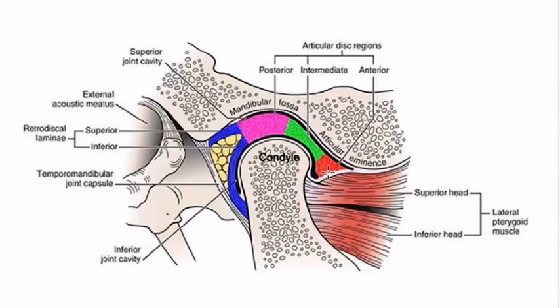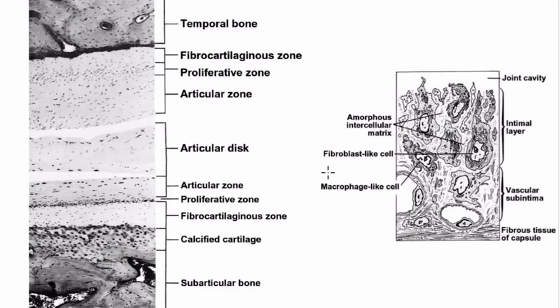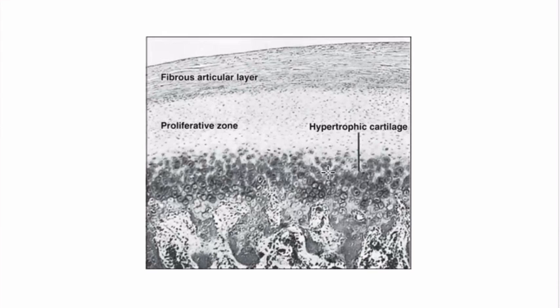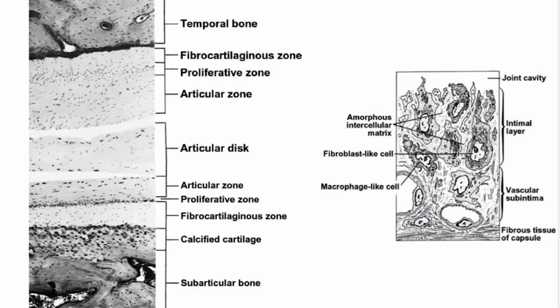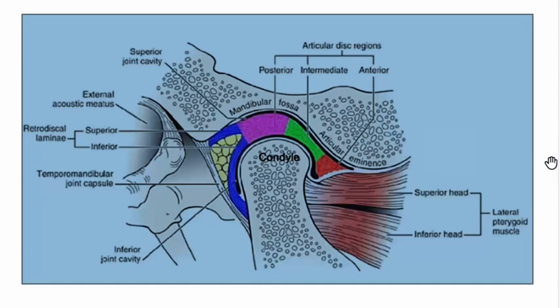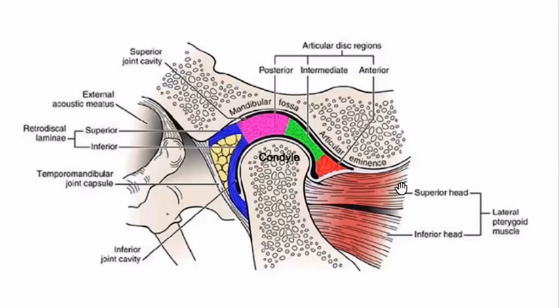The synovial fluid that is produced from the capsule is a colorless, transparent, viscous liquid, and it's derived from blood plasma.